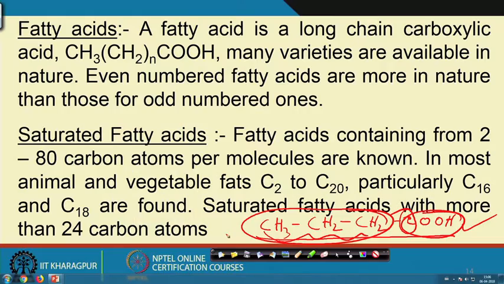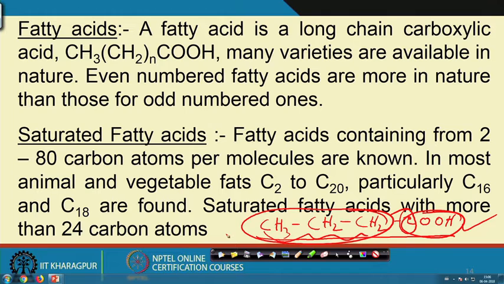So, even or odd, that is subjective, until and unless you specify, do not get confused, right. So, even numbered fatty acids are more in nature than odd numbered ones.